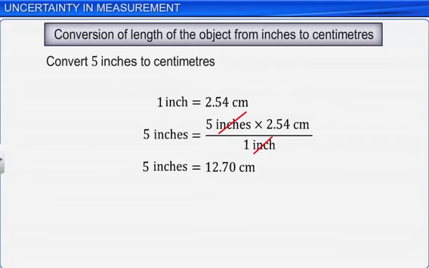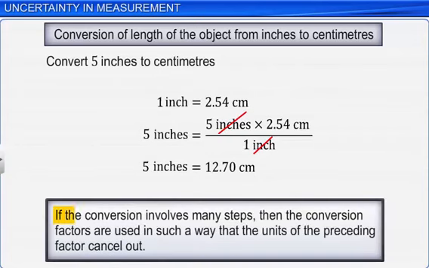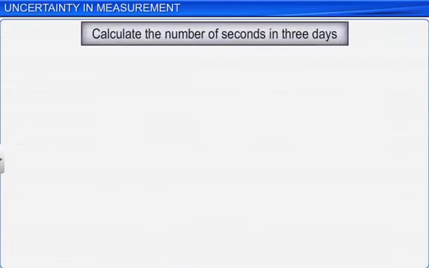Also note that if the conversion involves many steps, then the conversion factors are selected in such a way that the units of the preceding factor are cancelled out. Let's see an example. Let's say that we have to find the number of seconds in 3 days. We know that 1 day is equal to 24 hours. So we write the conversion factor as shown.